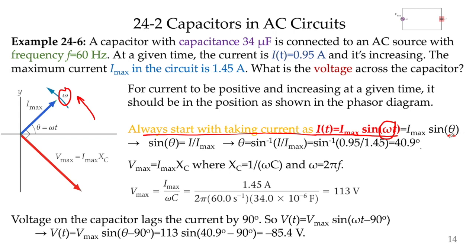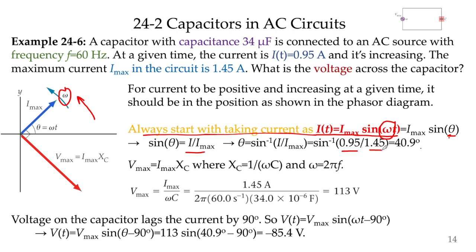I can write it in terms of theta as well. Now, what is theta at this given time? If you solve for sine theta, it's going to be I divided by I max. If you invert it, you can find theta as inverse sine, or arc sine, of I divided by I max. So I is given to be 0.95 at that moment.